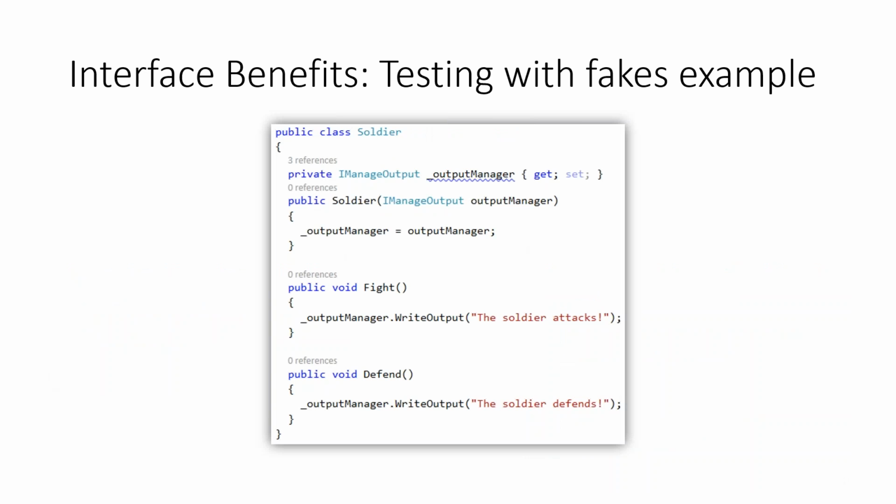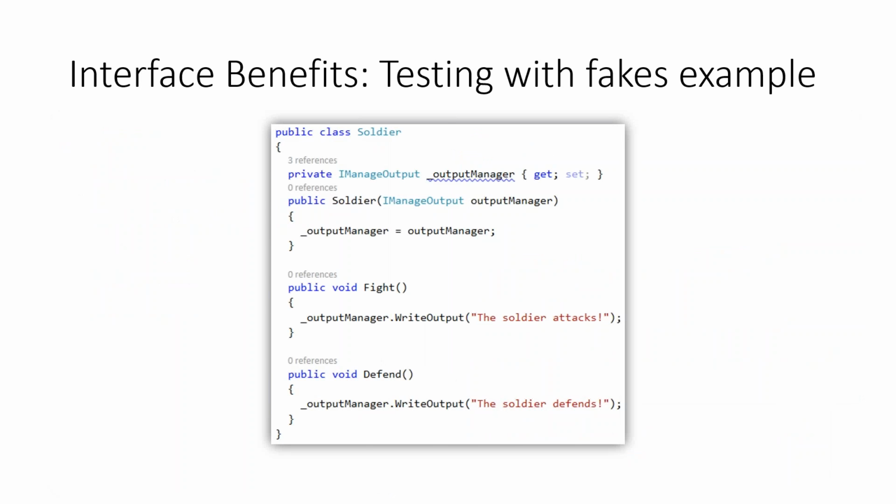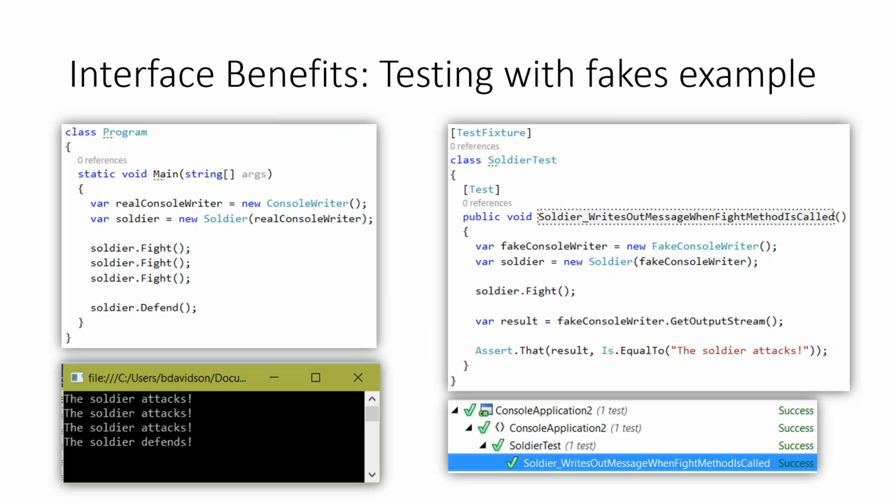You'll notice here that the constructor takes in an object that is of type IManageOutput. You can notice that the thing that calls the constructor right here accepts either a console writer or a fake console writer. Okay, so both of these are an IManageOutput, right? And you notice here that the left-hand side depends on the console writer to call the fight method, and as it fights, the console writer outputs information to the console.